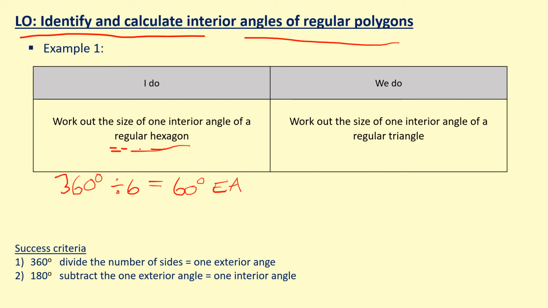Now, the second part of the success criteria says we need to use 180 degrees, subtract 1 exterior angle, which is 60, to find our interior angle. So let's do that. 180 subtract 60 degrees.